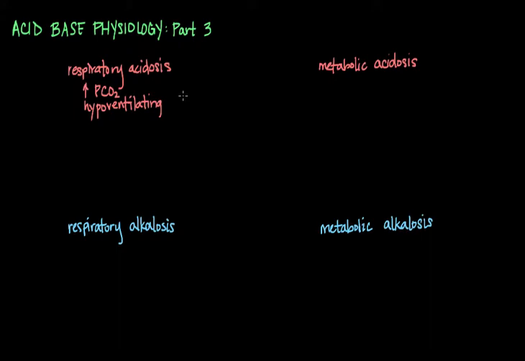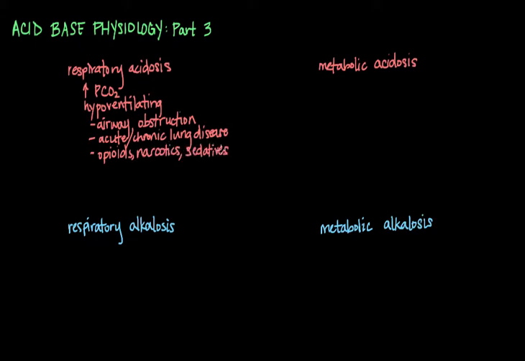And so, therefore, the differential for respiratory acidosis would be any number of conditions that would cause the patient to hypoventilate. So this would include airway obstruction, acute or chronic lung disease. A number of medications such as opioids, narcotics, or sedatives can cause a patient to have a depressed respiratory rate, or perhaps a weakening of respiratory muscles.